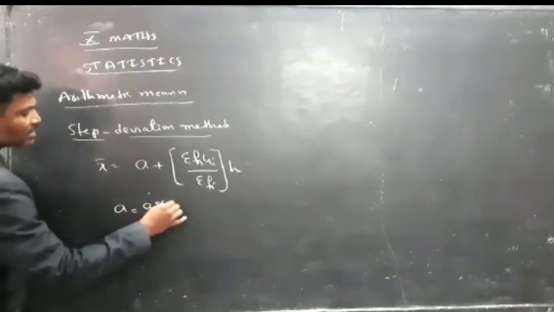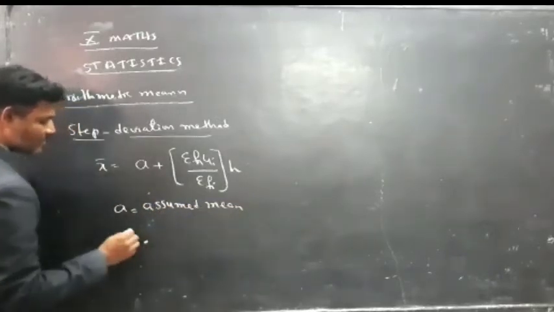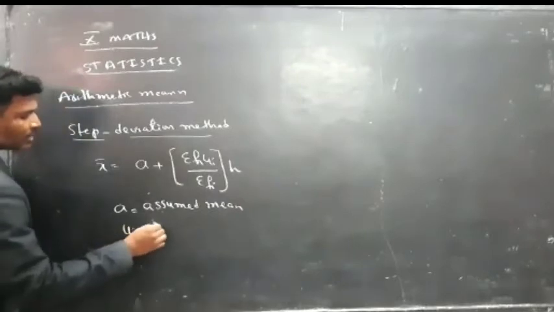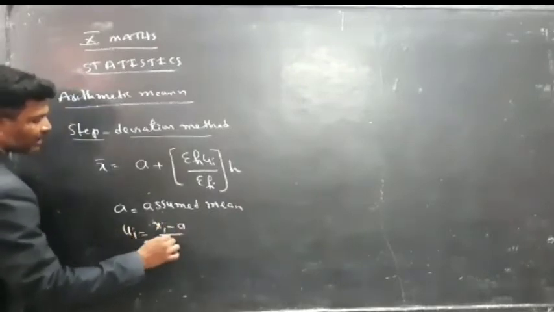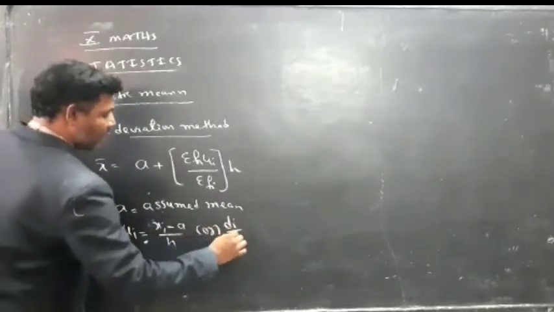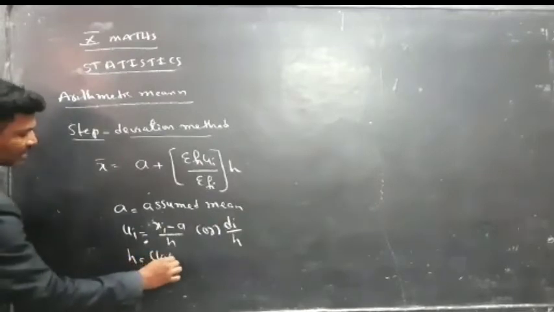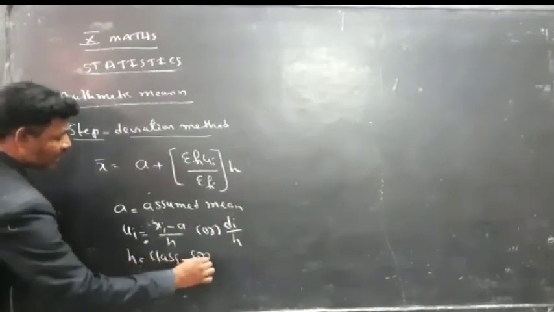A is nothing but the assumed mean. And Ui is equal to Xi minus A by H, or Di by H. Then H is equal to class size or class interval.